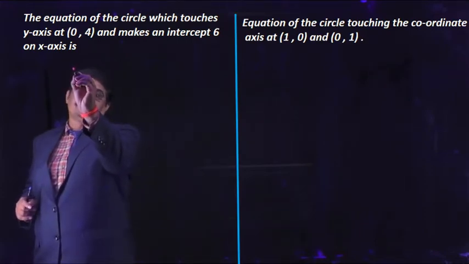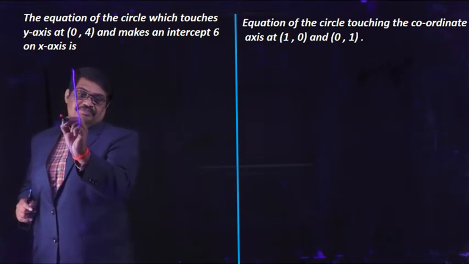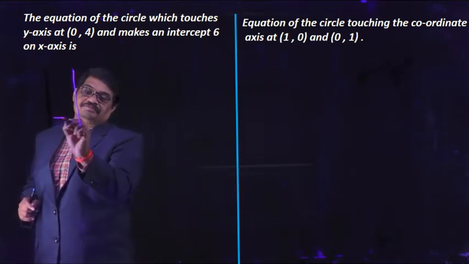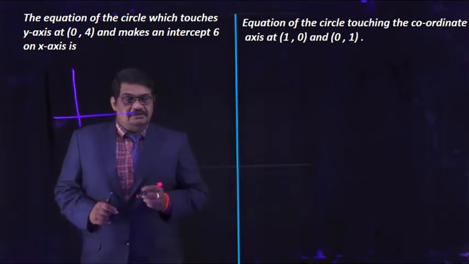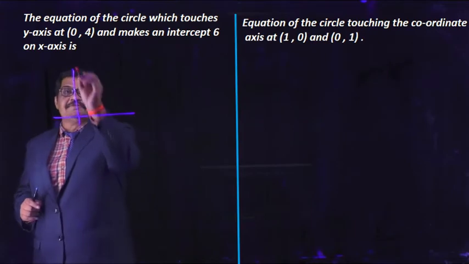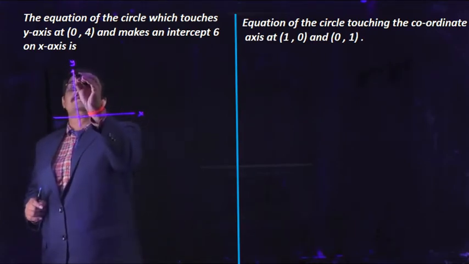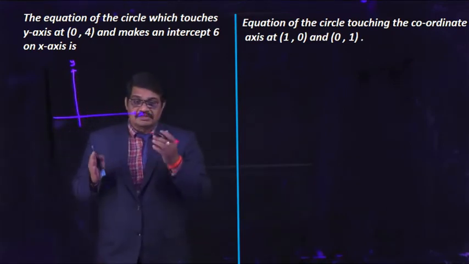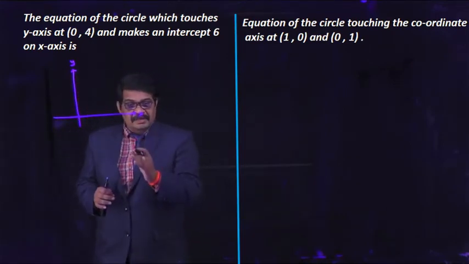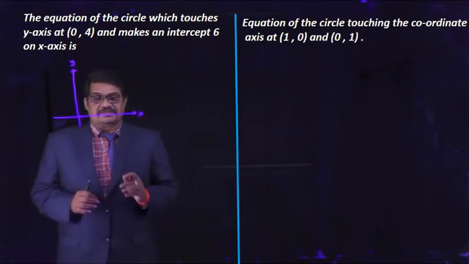This is the y-axis and this is the x-axis. The required circle touches the y-axis and makes an intercept of 6 units on the x-axis.